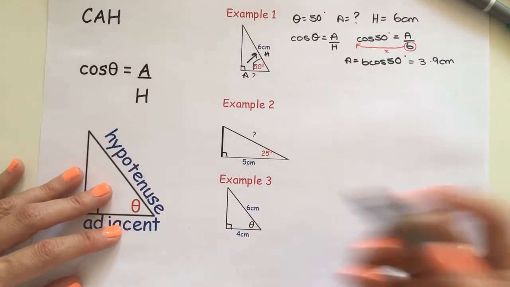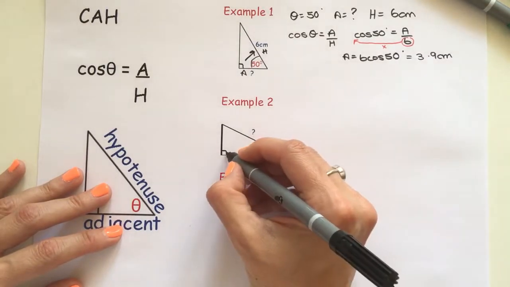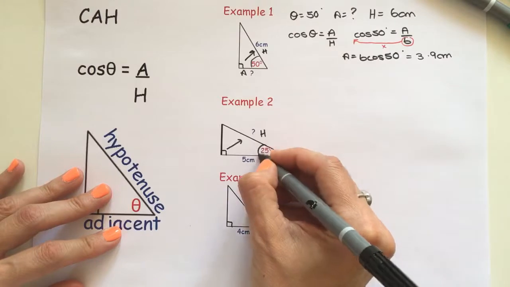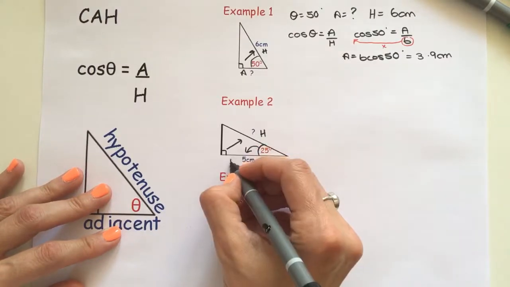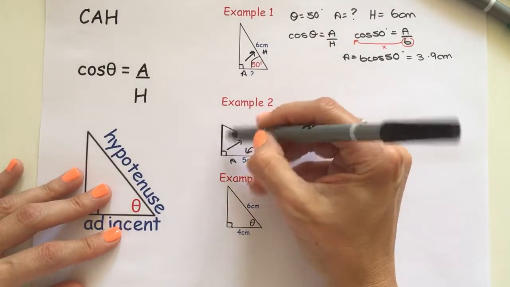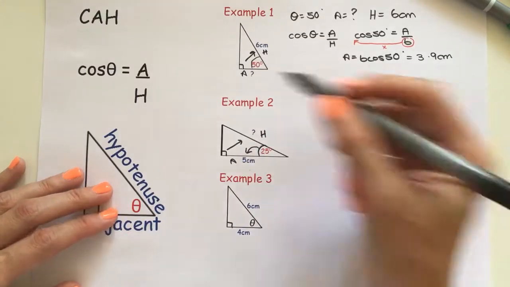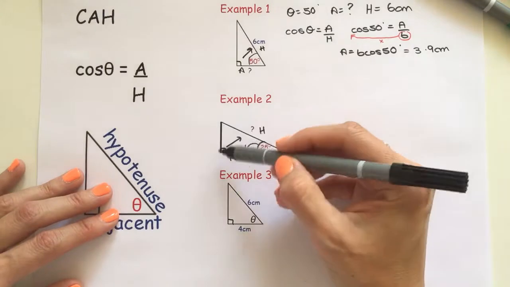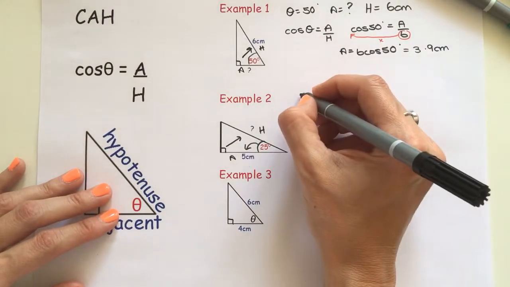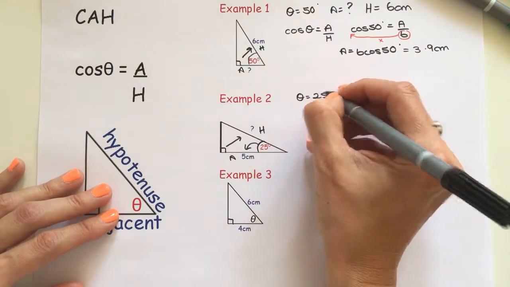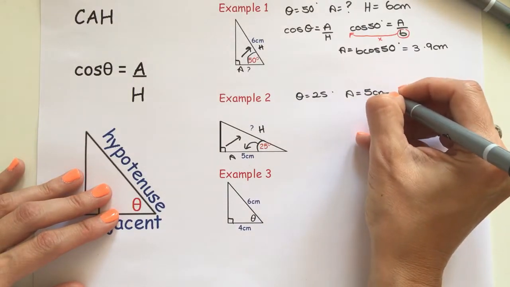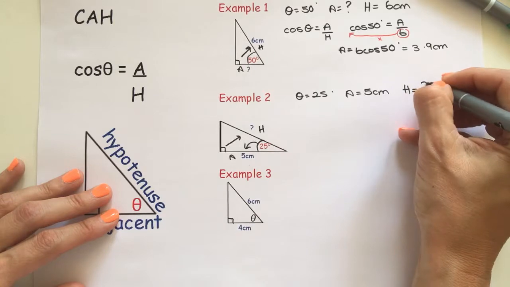Example 2, again, first thing, label up the lengths. So opposite the right angle, h, next to the angle A, again, no reference to O in this question. These are all to do with cos theta and the different types they could give you. So our question just involves an angle theta, A, which we've been given as 5 centimeters, and h, which we are required to find.